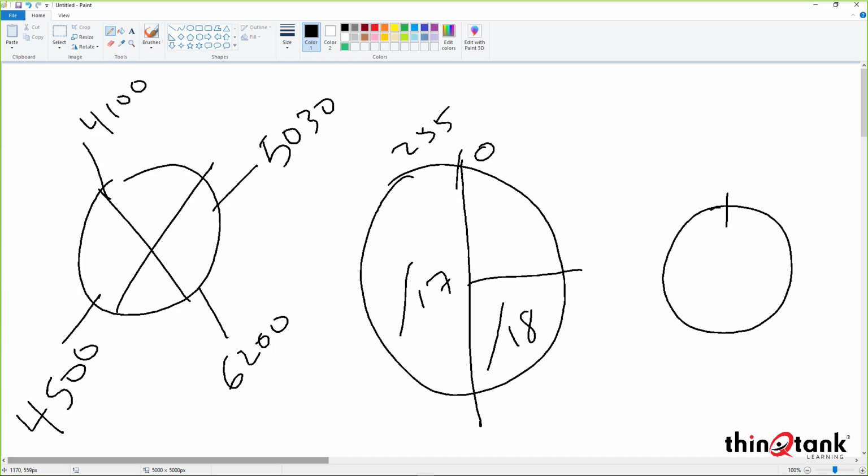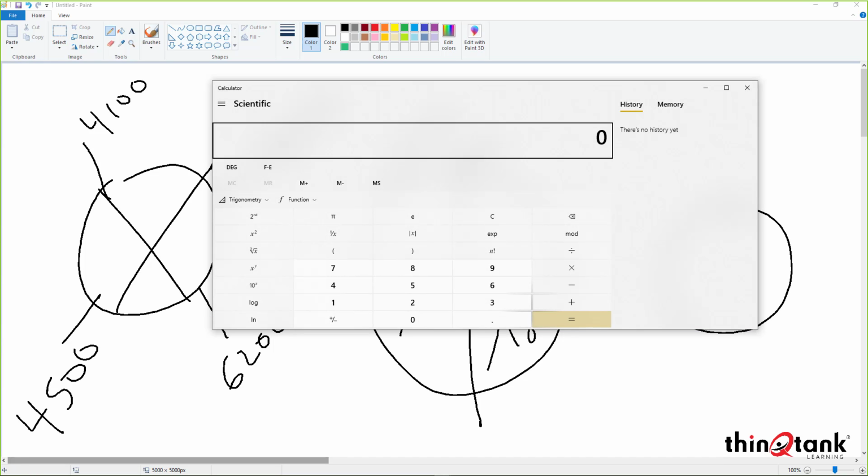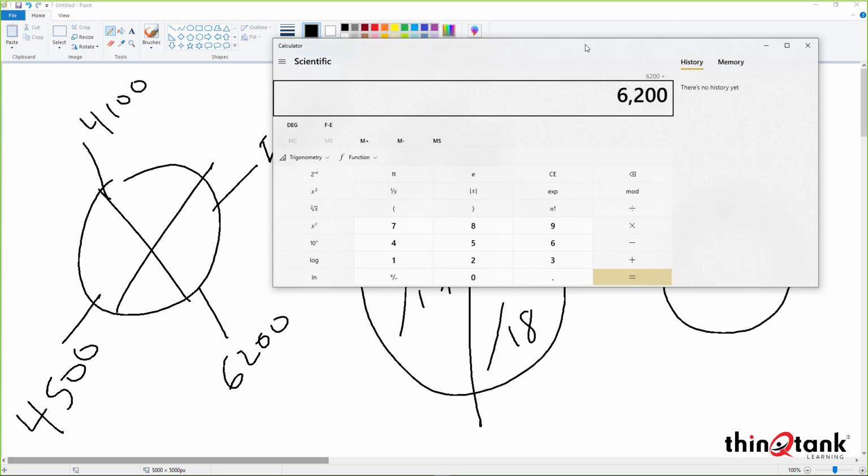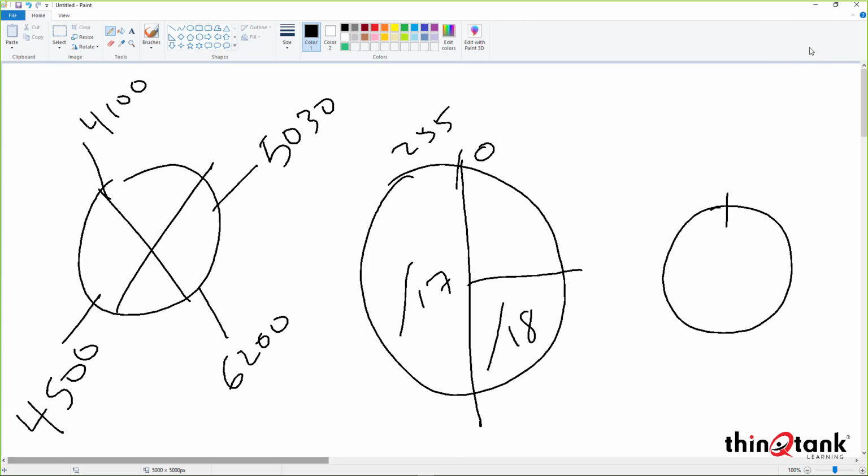Now, if I take, let's do the largest one first, 6,200, and I divide that by 256, that's 24, well, round it up, 25 times around, right? So that would be a block of 32, actually, that I would require for the 6,200 hosts. So that makes it a little bit easier, /19 and /19.